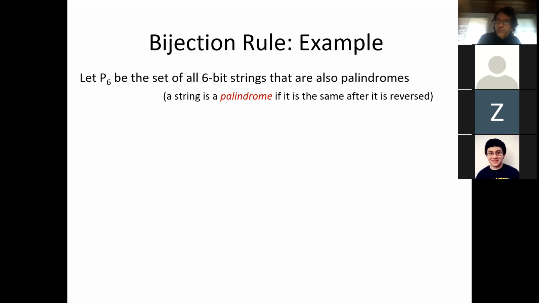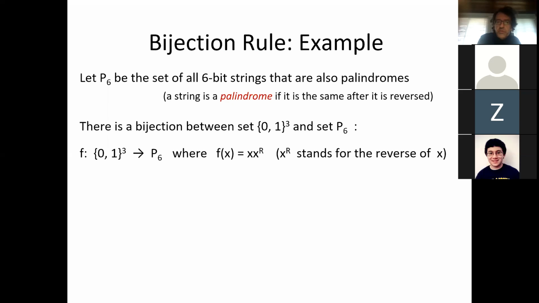So how many such bit strings are possible? Well, here is an easy bijection between the set of all bit strings of length 3 and the set of such palindromes.